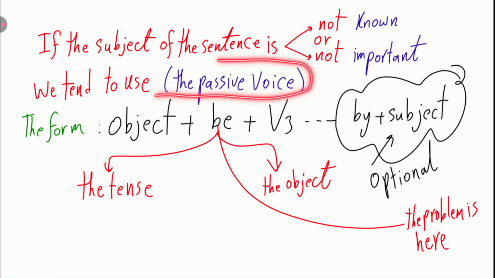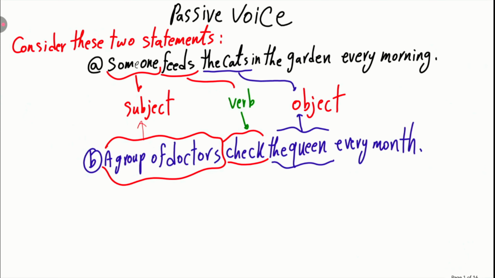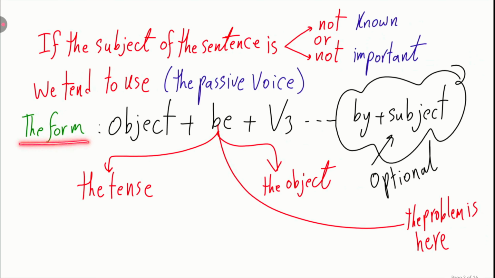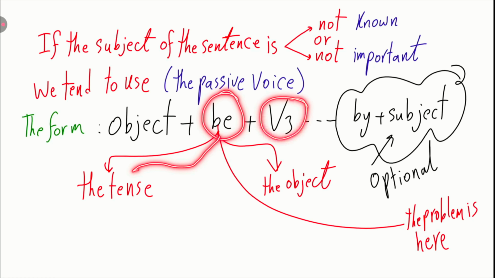So how do we use passive voice, my friends? The structure of the active or normal sentence is subject, verb, object, while the form of the passive voice is the object. Here we bring the object to the beginning of the sentence, then verb to be, then verb 3.